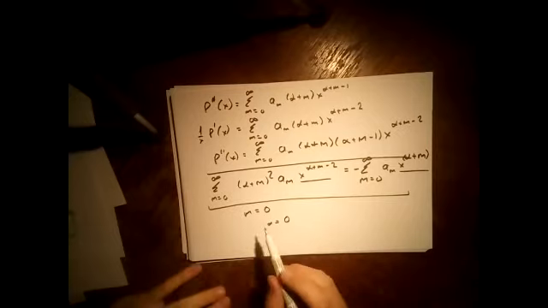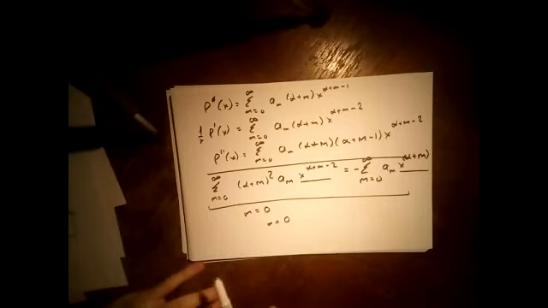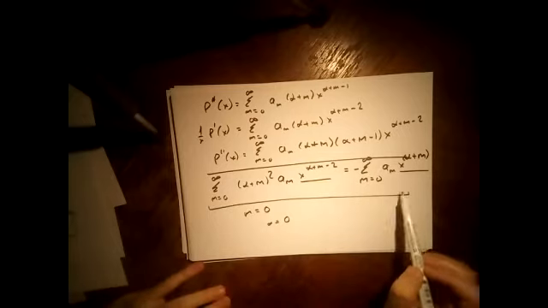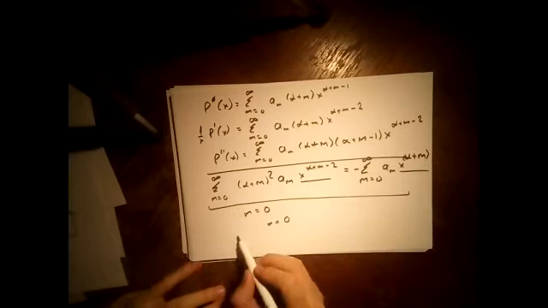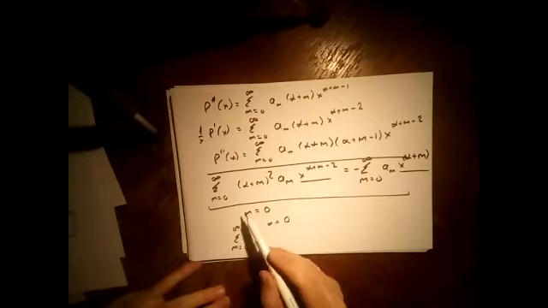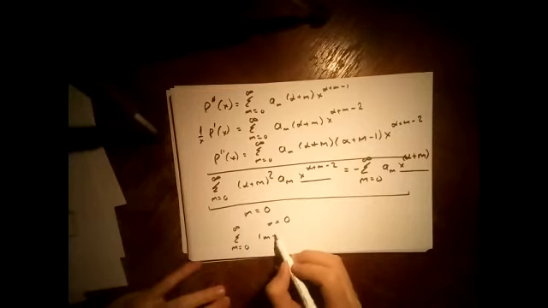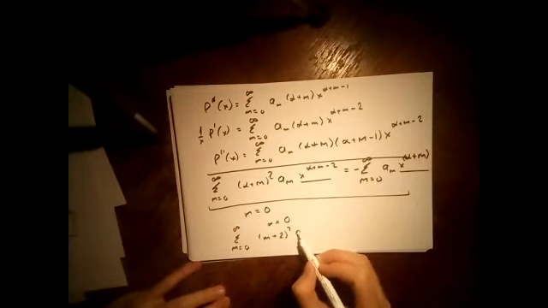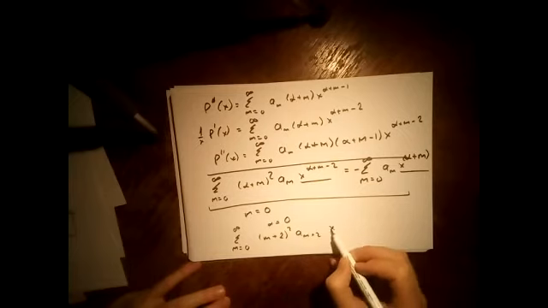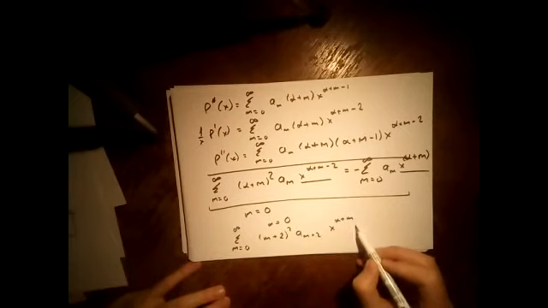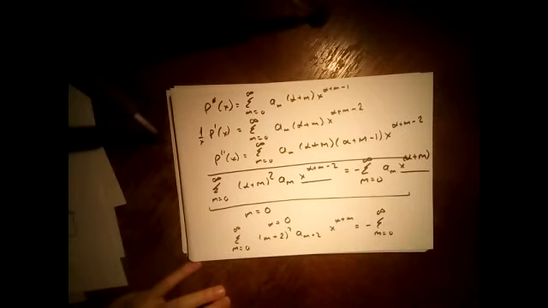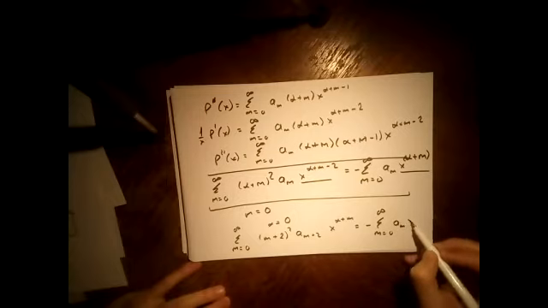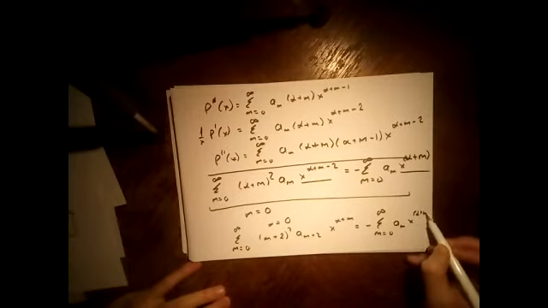If we set alpha equals 0, there will be no term on this side of the equation which does not have a matching term on this side. Then the sum from m equals 0 to infinity, with alpha equal to 0 but shifting everything, gives (m plus 2) squared a_(m plus 2) x to the m, equal to minus the sum from m equals 0 to infinity of a_m x to the m.